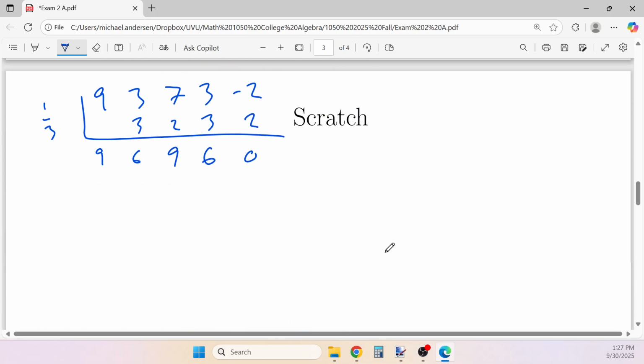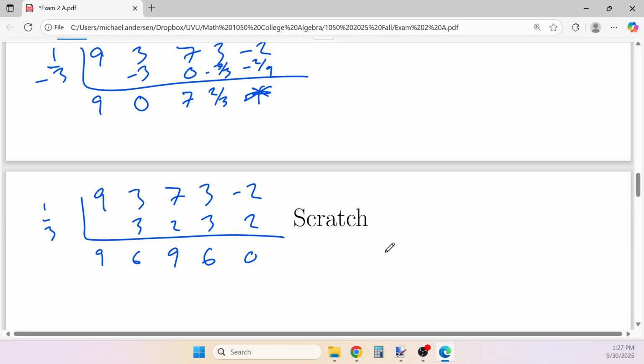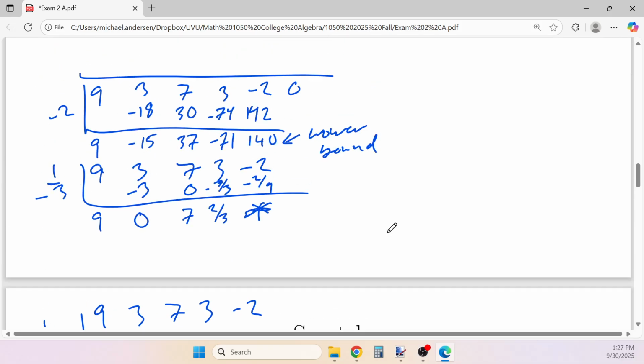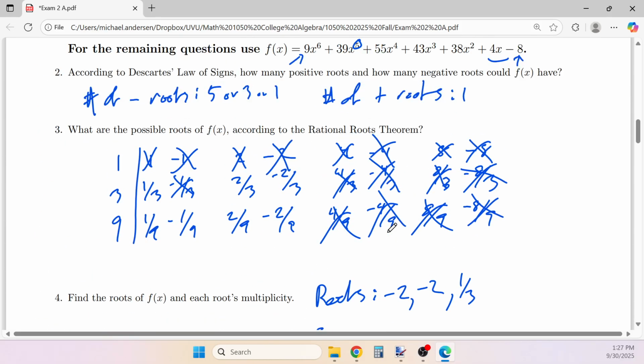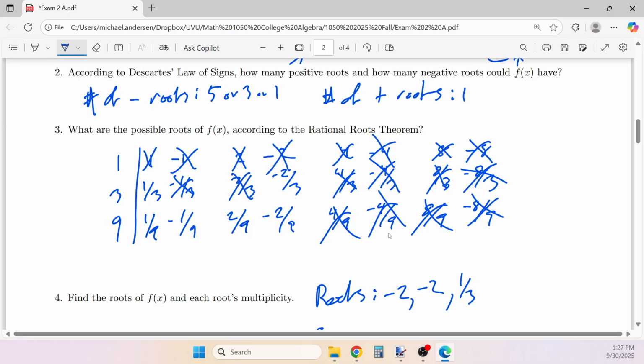Get anything cool out of that? Upper bound, bigger than 1/3. Thirds is bigger than 1/3. Good.